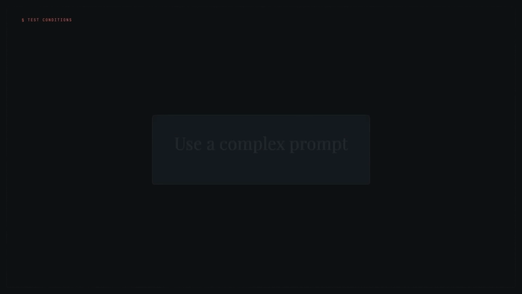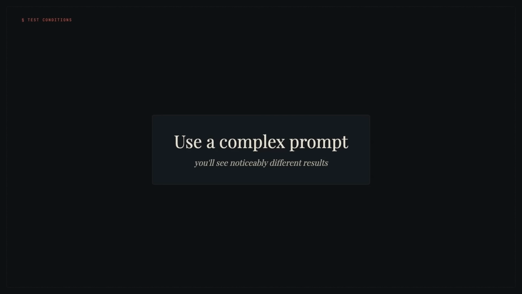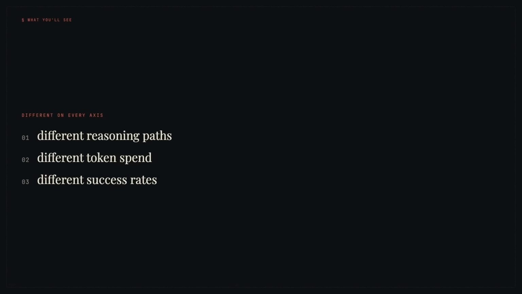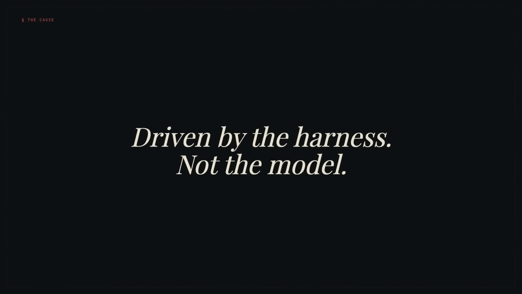Now the prompt needs to be relatively complex, but you're going to see noticeably different results. You're going to see different reasoning paths with different token spends and potentially different success rates. And all of this is driven not by the model, but by the harness that you are using with the agent. Opus 4.7 behaves very differently in Claude Code than inside Cursor or other third-party harnesses like Open Code.